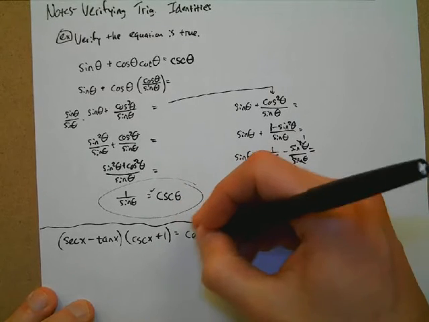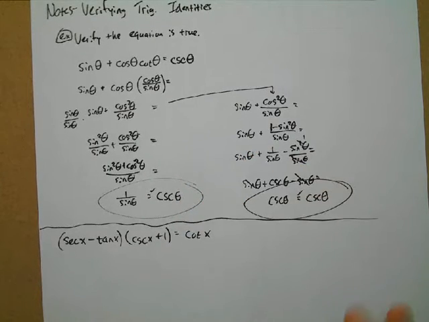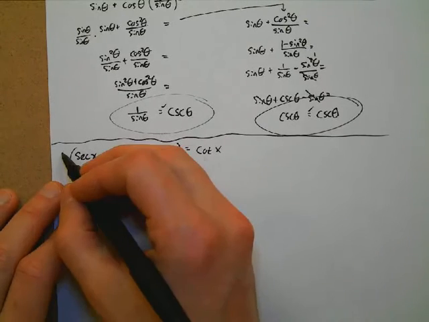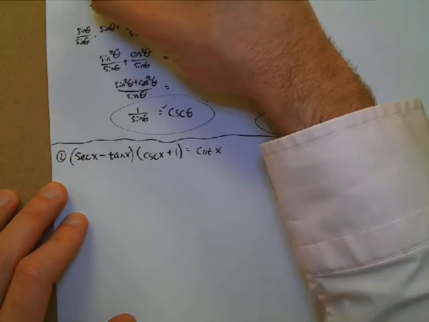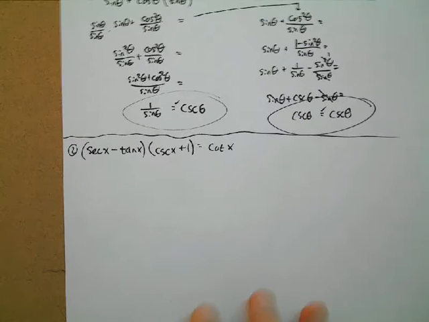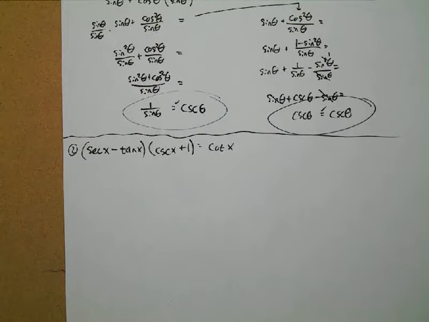This is just like number 2. Same directions, we're going to verify the following trig equation is true. Okay, so now if you look here, we have a binomial, secant minus tangent, times another binomial, cosecant x plus 1. Okay, so ideas here.